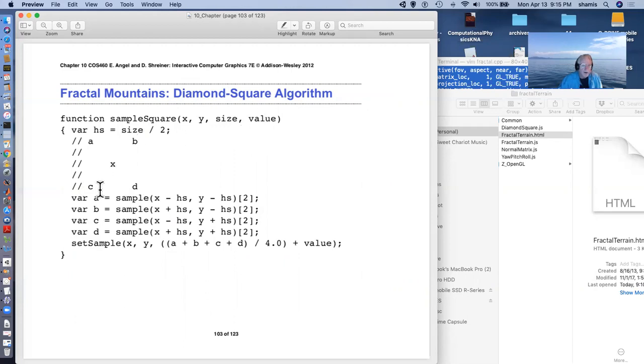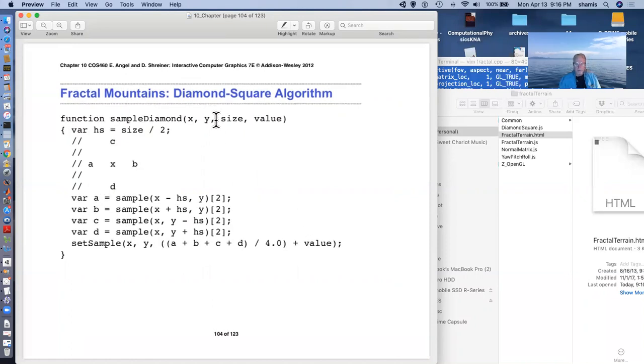So for the square, I'm going to sample at X minus half the width, Y minus half the width, that's the A point. The B point is X plus half the width, Y minus half the width, and so forth for C and D, the other corners. And then we use our set sample to assign to X and Y the values of A, B, C, and D averaged, plus this random value that we're offsetting it by.